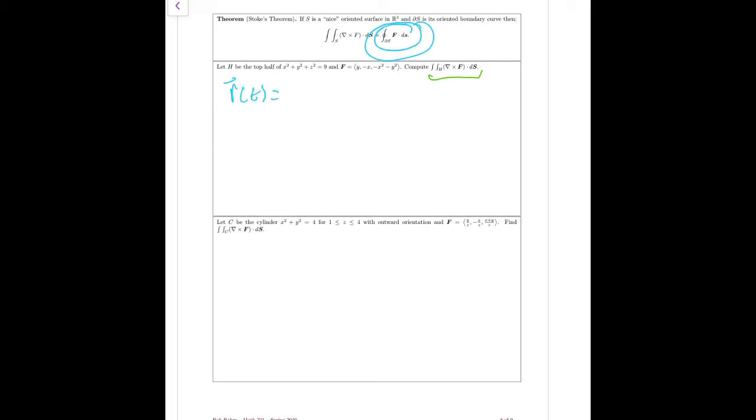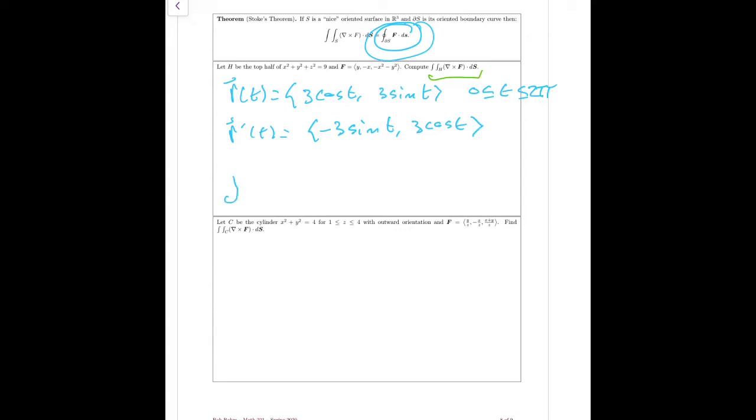We'll just use the standard one: 3 cosine t, 3 sine t, with t from 0 to 2 pi. Don't make the mistake I did. We're only going over the hemisphere, but the boundary circle is a whole circle, so t does go from 0 to 2 pi. And so this means r prime of t is equal to minus 3 sine t, 3 cosine t.